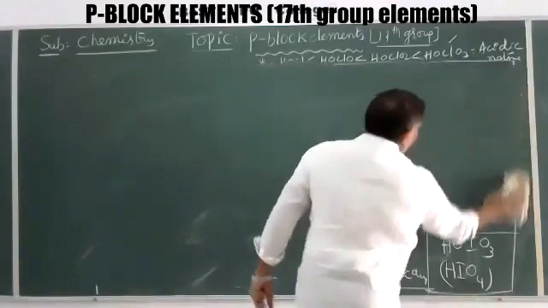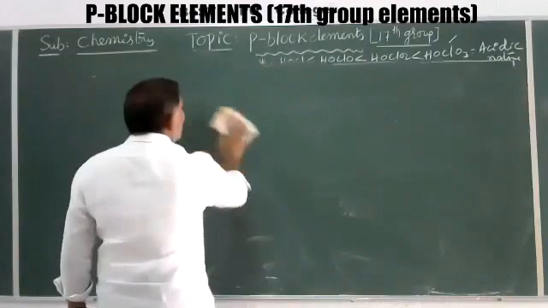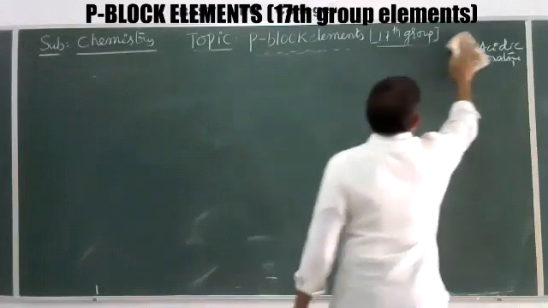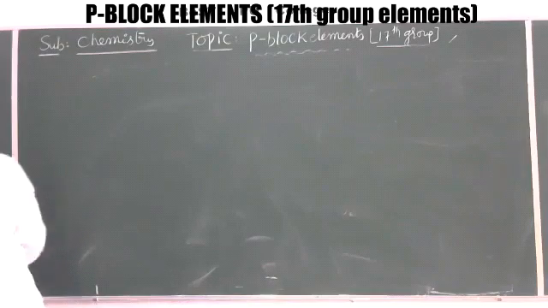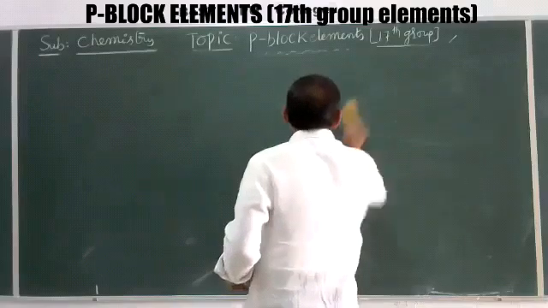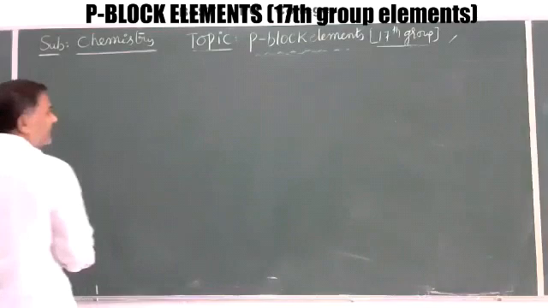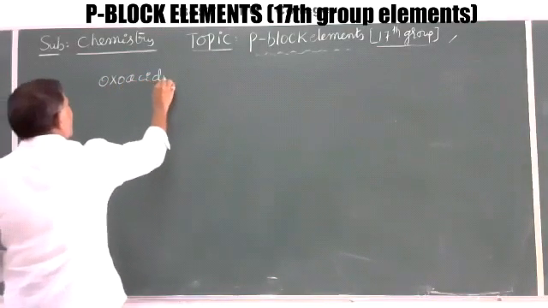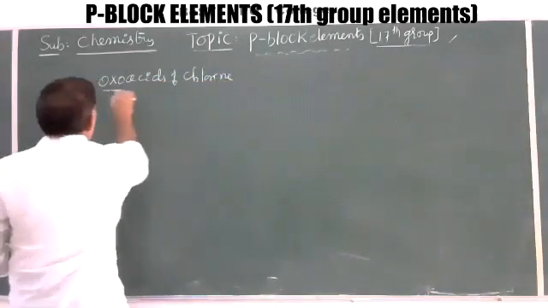Among all these, the more acidic oxo acid is perchloric acid. So the acidic strength order of the corresponding oxo acids of chlorine: here four are available.